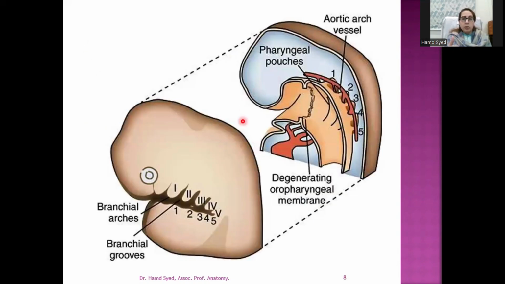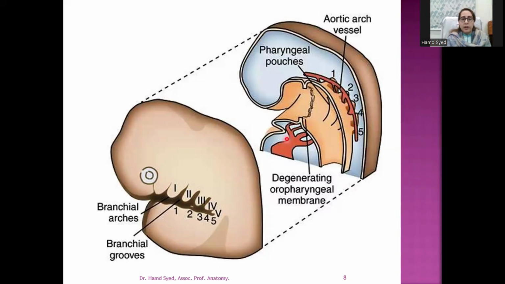Now, this is a sagittal section taken through the upper half of the developing embryo. On the external aspect, we can see these pharyngeal or branchial arches, as they were previously called, numbered with Roman numerals in a craniocaudal sequence. And from the inner aspect, we can see that there is an artery present within each pharyngeal arch, and that artery is numbered according to the pharyngeal arch.